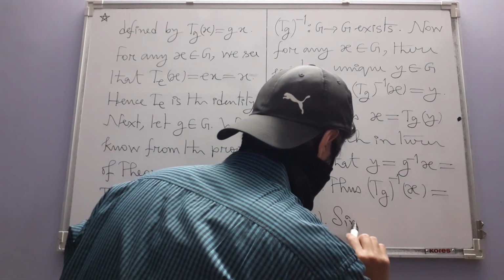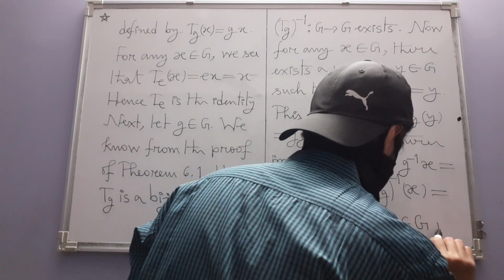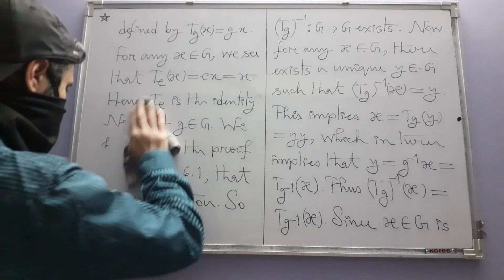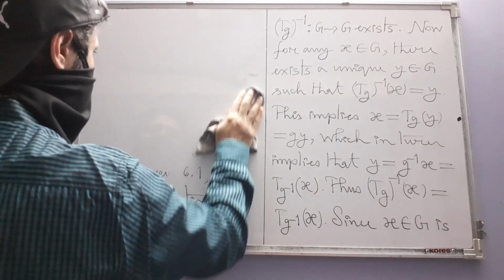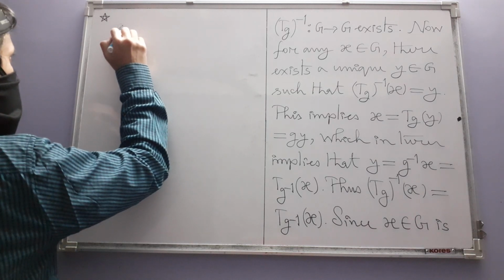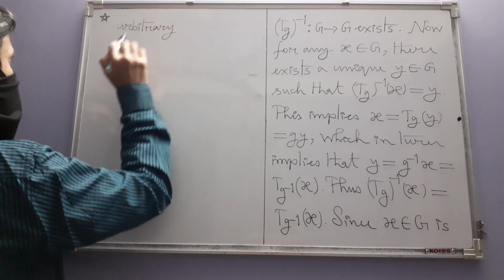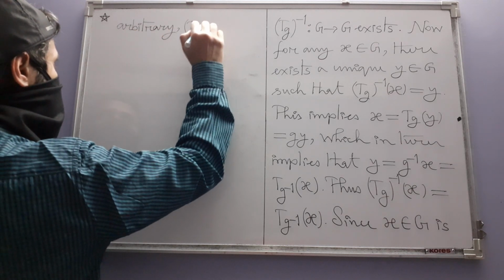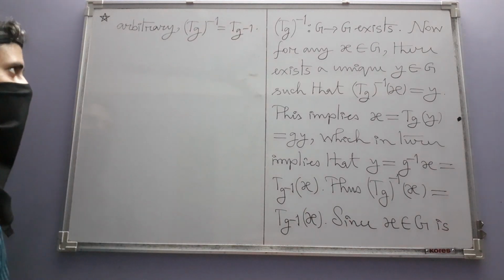So since x belonging to G is arbitrary, this is equal to T_{g inverse}.